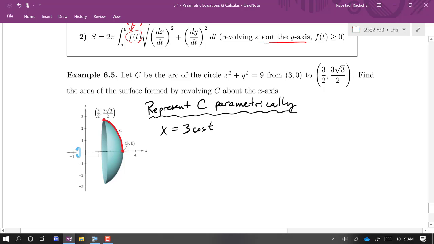That figures, right? First of all, this is a circle. The x-coordinate is given by cosine, but this is a circle with radius 3 centered at the origin. So the x-coordinate will be 3 times cosine. The y-coordinate will be 3 times sine.